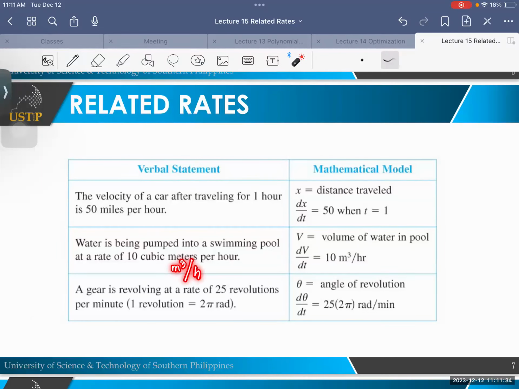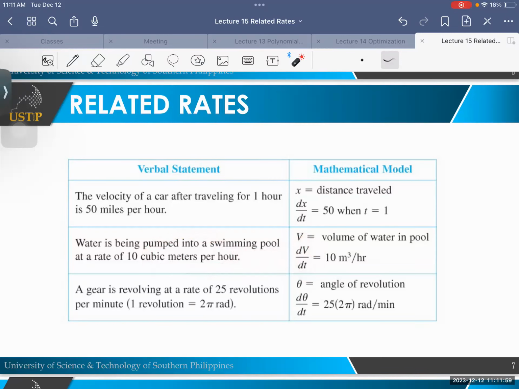Unsa man ang cubic meters? That is volume. Di ba? So that means V is the volume of water in the pool. This cubic meters per hour is dV over dt. Since V is in cubic meters and time is in hours, therefore this 10 cubic meters per hour is dV over dt.